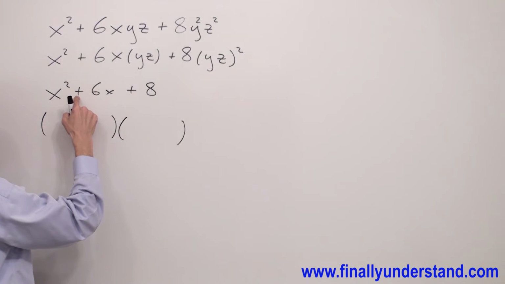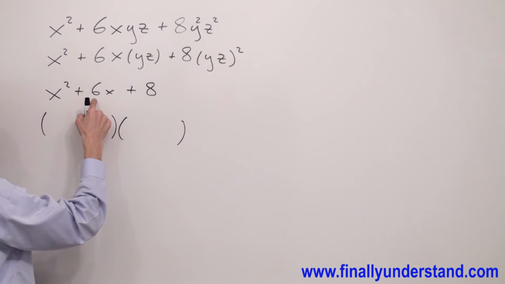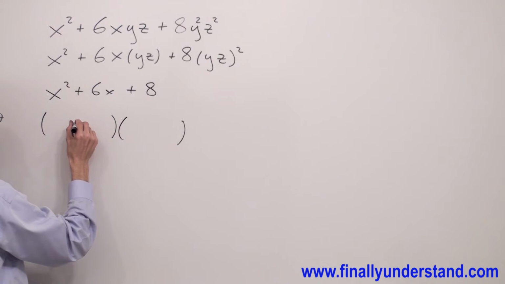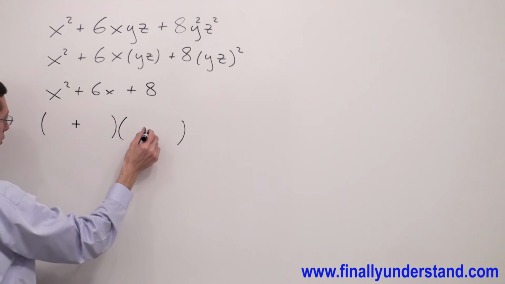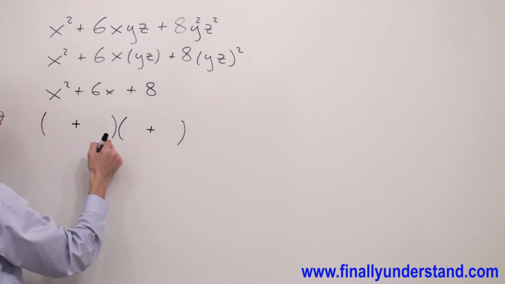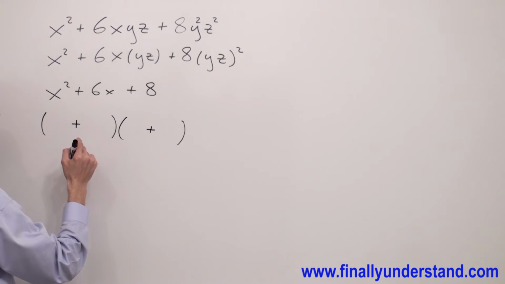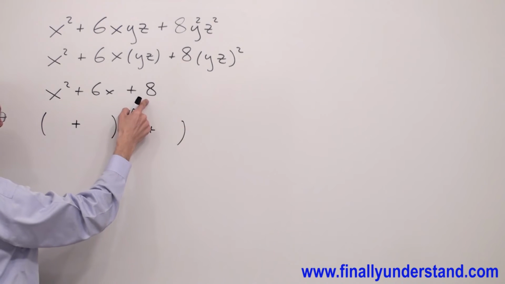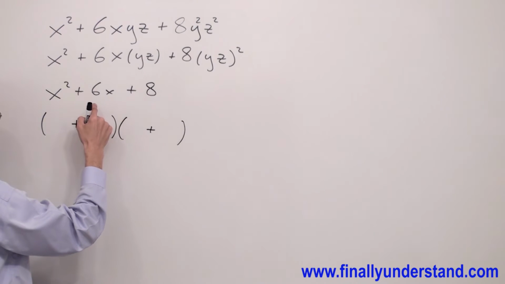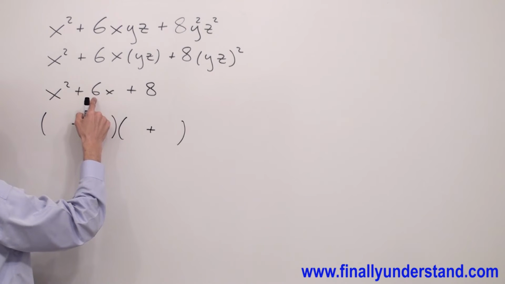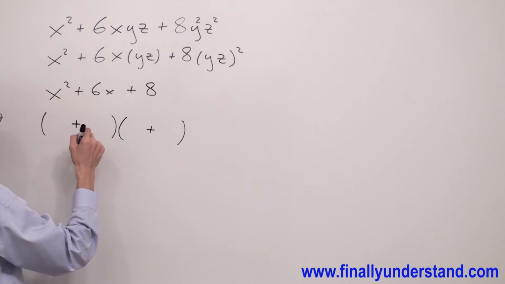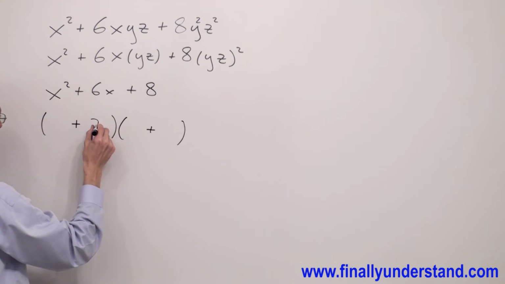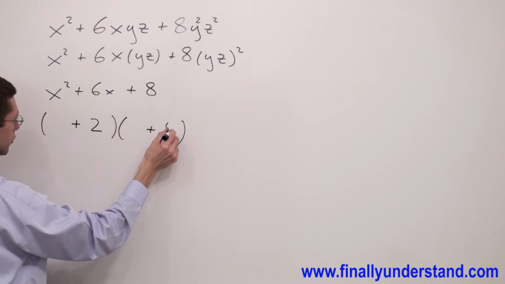And because I have positive sign next to the second term, the same signs are positives. Next, I have to find two numbers which multiplied by each other are going to give me 8, and two numbers which add to each other are going to give me 6. These numbers are 2 and 4.